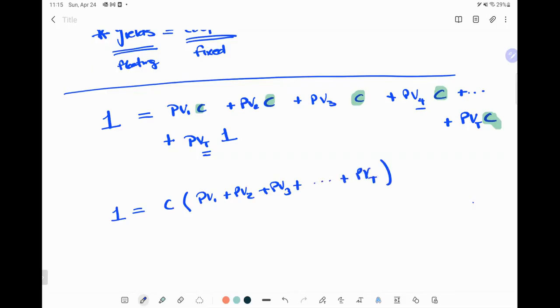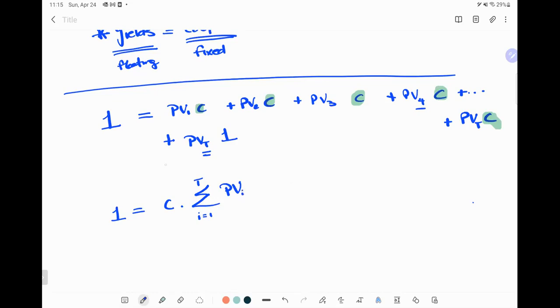And once we have this, then we can simplify and simply say, well, this is coupon multiplied by the summation, meaning i going to T of PV, right? And then that's it.